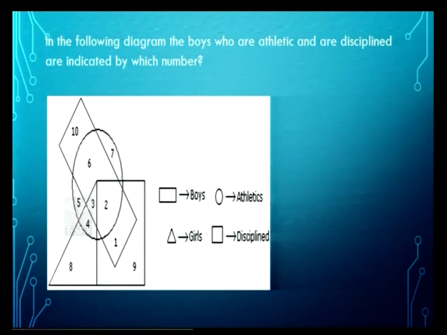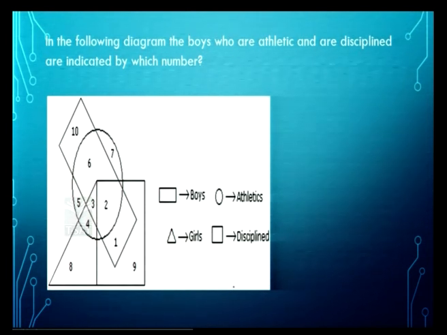Here, a rectangle is given, which is boys, a circle is given, which is athletics, and a triangle is given. There is also a square, which is disciplined, but the figure does not seem exactly square because it is elongated; assume it is a square.